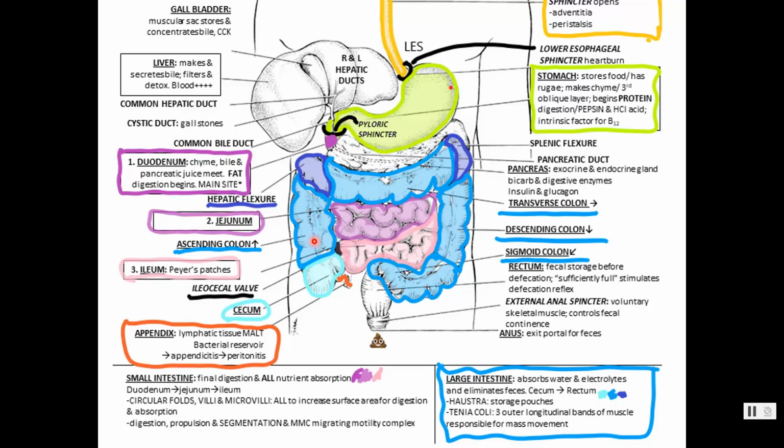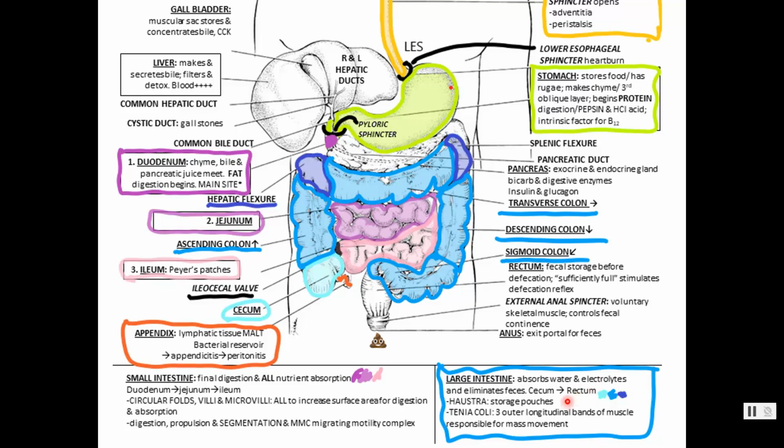There are no digestive enzymes being released from the large intestine, so that's what's meant by no digestive function. We can absorb some things that bacteria break down for us. They make vitamins for us. We can absorb those, but there's no digestive function in the large intestine. Their number one thing is to absorb water and electrolytes and for the elimination of feces.